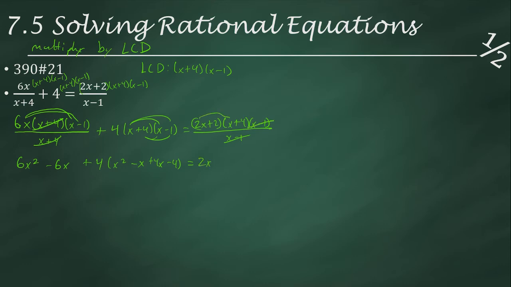So that'd be 2x squared plus 8x plus 2x plus 8. All right, let's distribute the 4. So that'd be 4x squared minus 4x plus 16x minus 16.